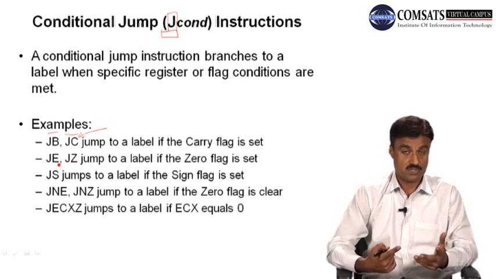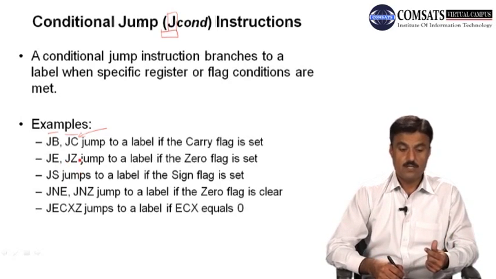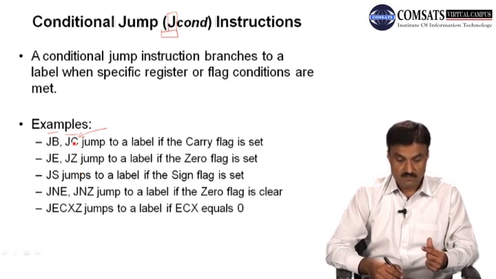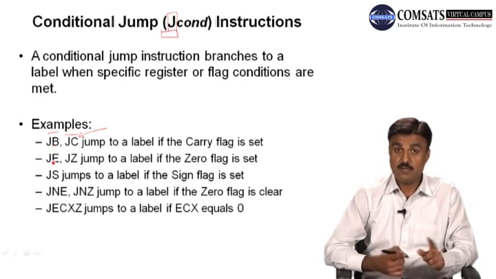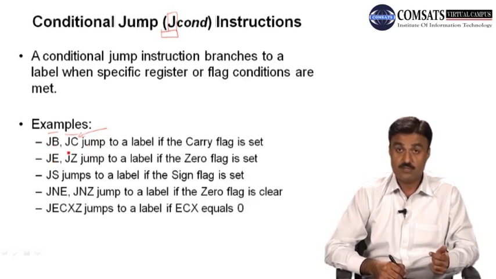We will see all the instructions in the next few slides. If the carry flag is set, it will jump. If a value is below the next value, it will jump. If both values in the registers are equal, for example when comparing two registers using the compare instruction, then it will jump.